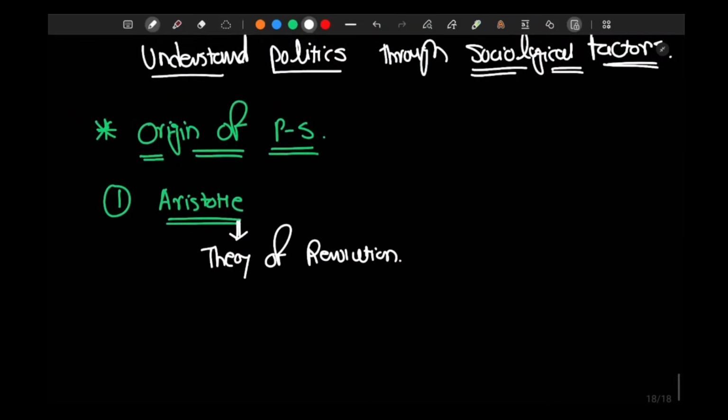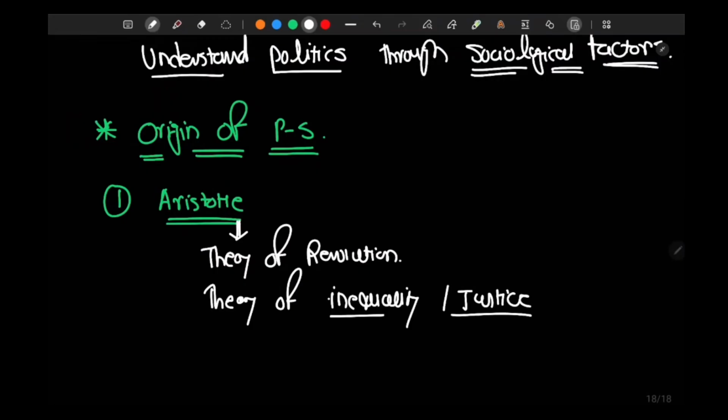Then there is the theory of inequality, or justice. In his theory of inequality or justice, he talks about how inequality is going to lead to revolution, and how injustice happens when you treat equals unequally and unequals equally.